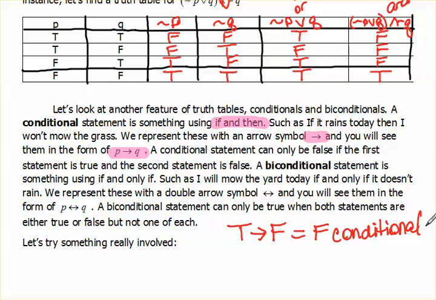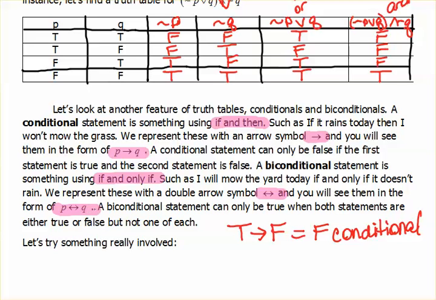Now, we can also have a biconditional statement, and that is where you're going to see the words if and only if, such as, I will mow the yard today if and only if it doesn't rain. Now, this is going both ways. So, it's not only truth implying something, but it's also going backwards, and that's why we use this symbol of a double arrow.